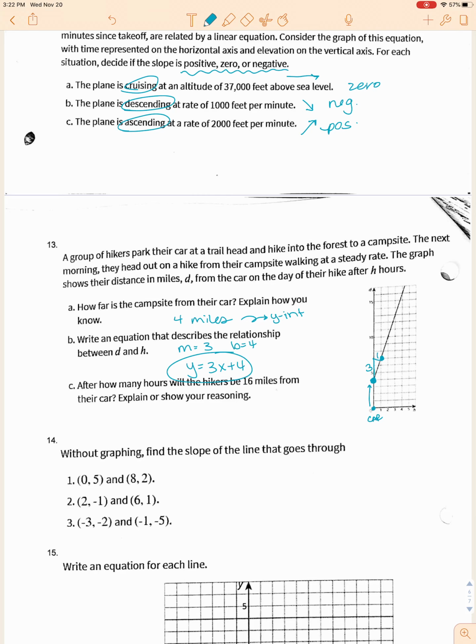After how many hours will the hikers be 16 miles from their car? Well, I can look for 16 on the graph. So 16 miles would be going up the y-axis, which would be 16 right here, and I would bring it over and then bring it back down and try to find how many hours, which would be 4 hours.